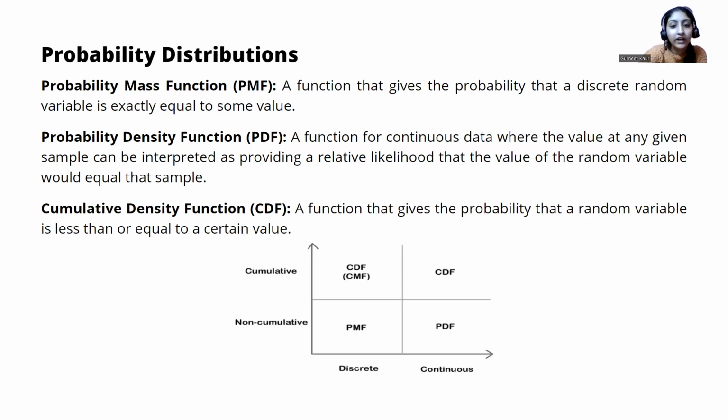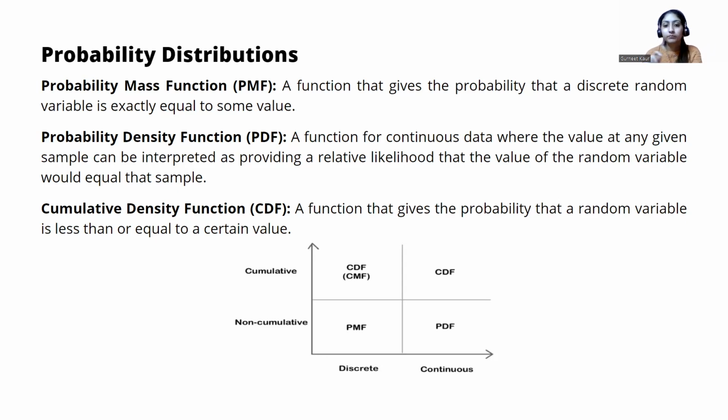Then we have the cumulative distribution function. It is a way to describe a distribution, and it is applicable for describing the distribution of a random variable, whether it is continuous or discrete, right? For example, if x is the height of a person selected at random, then F(x) is the chance that the person will be shorter than x, right?